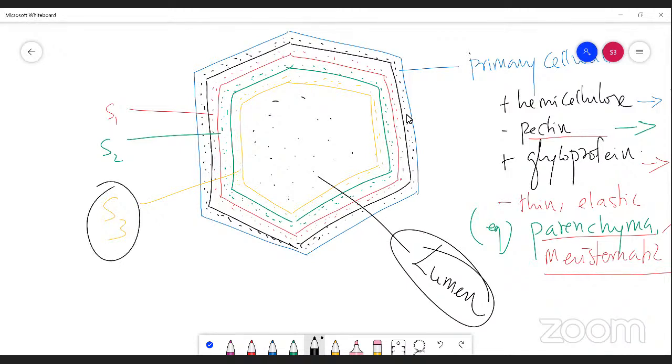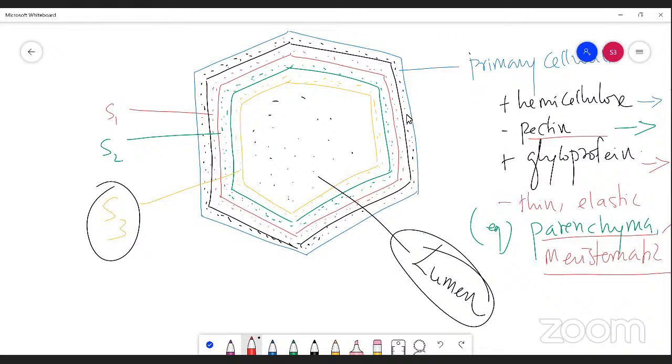S3 is very close to the cell lumen and next to it you find the cell membrane, the outermost layer of the cytoplasm. The red color indicates the cell membrane.